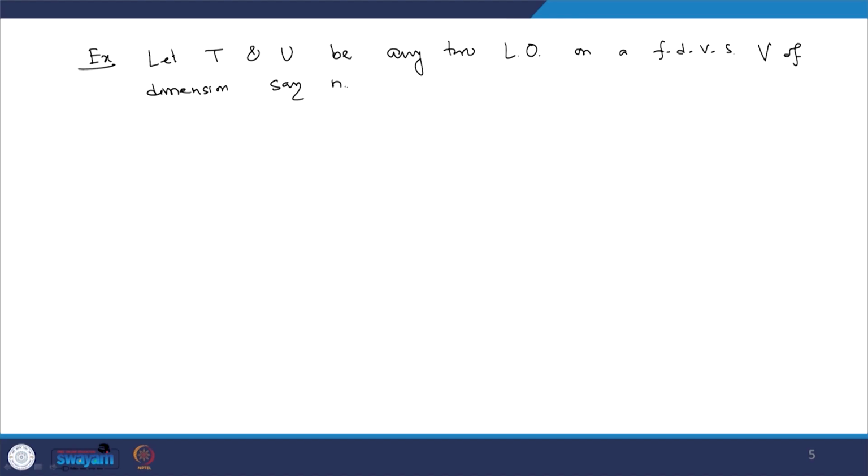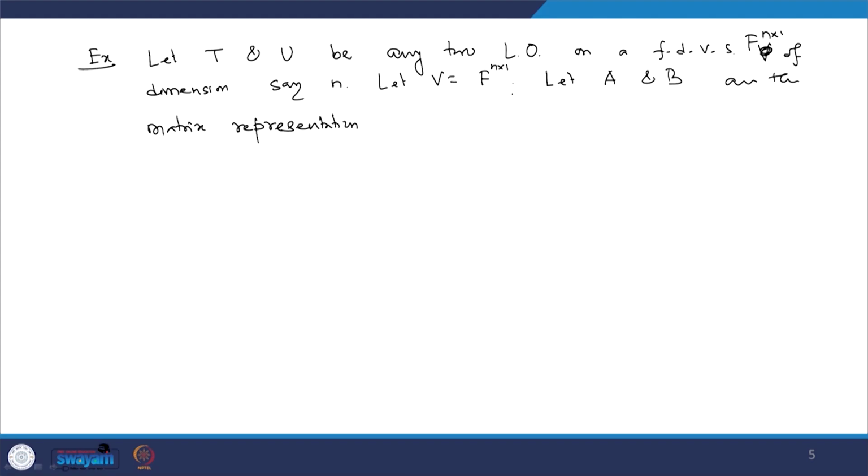Here let V be F n cross 1, for the sake of simplicity, so that I can immediately give the matrix representation with respect to the standard ordered basis on F n cross 1.